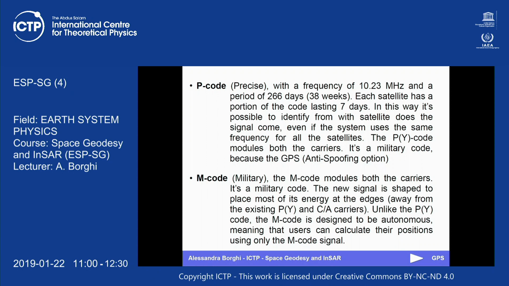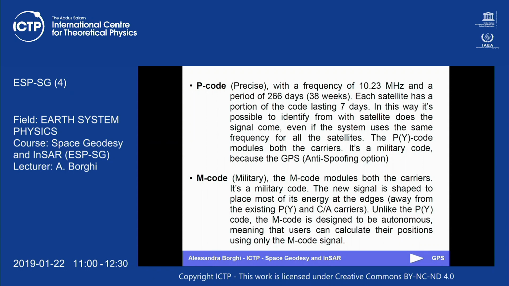We receive signals from different positions in space, and we are going to see that we need to know the satellite that sends us this information, because we are going to see in the equation that it is important to know from which satellite the signal is arriving. And using this code, the receiver can identify the satellite.